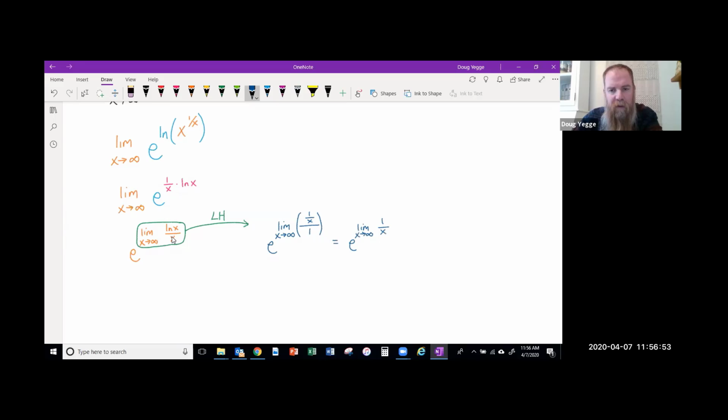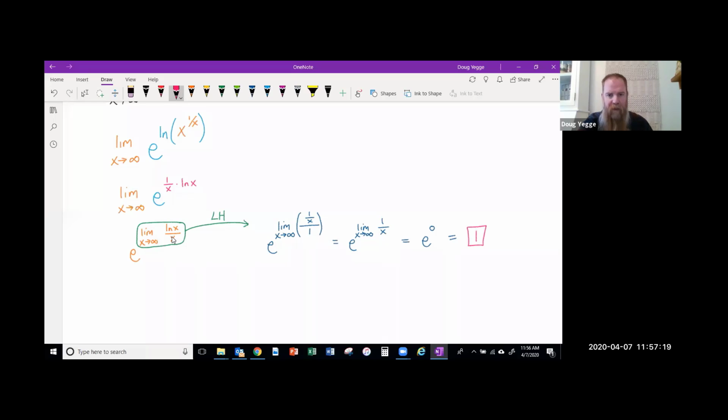But what is that limit going to be? What's the limit as x approaches infinity of 1 over x? 1 over infinity, which is 0. So isn't that just going to give us e to the power of 0, which is no longer an indeterminate form? The answer is 1.